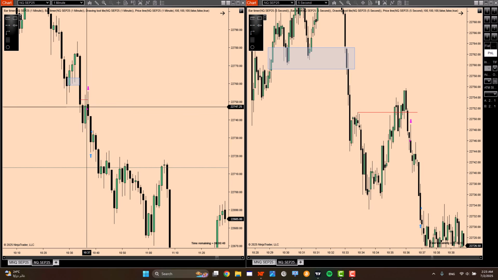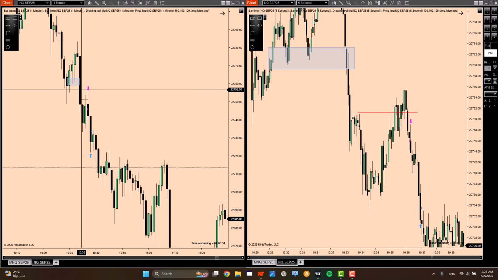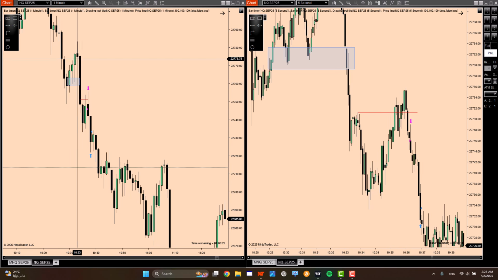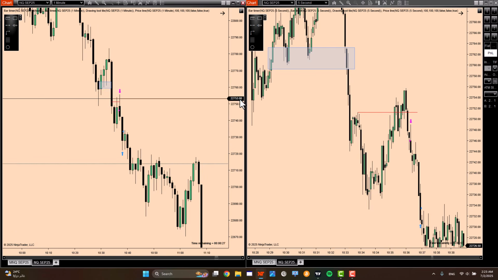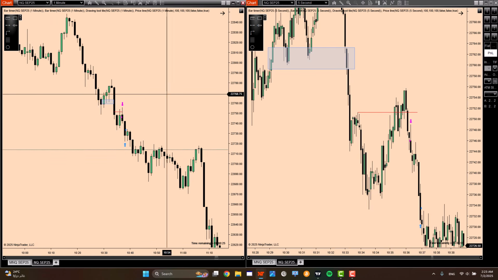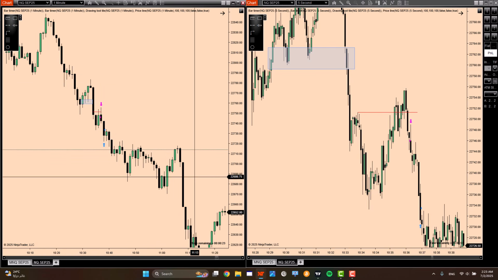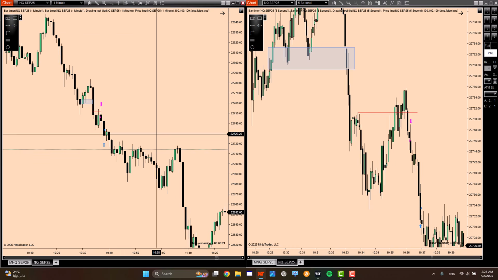You want that first touch into the imbalance and immediately it starts rejecting. For example, here on the 1 minute, you can see that we are printing this down close candle. We actually have a reason to trade to the downside, and the market structure is obviously trading to the downside. So you don't look for this pattern anywhere.